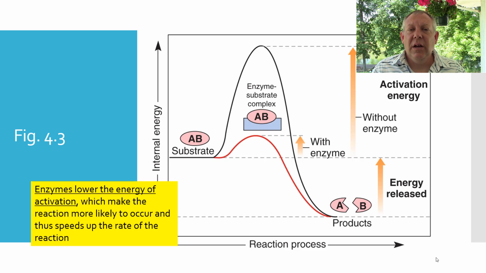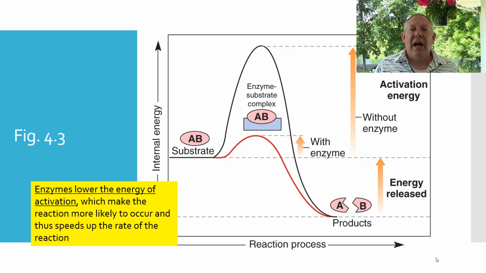You still need to add the energy of activation, but with the enzyme, you don't have to add as much energy. If you look at the red line here, you see that it does go up. You do add some energy, but then very quickly those bonds break and it releases all the energy that was stored in the molecule.